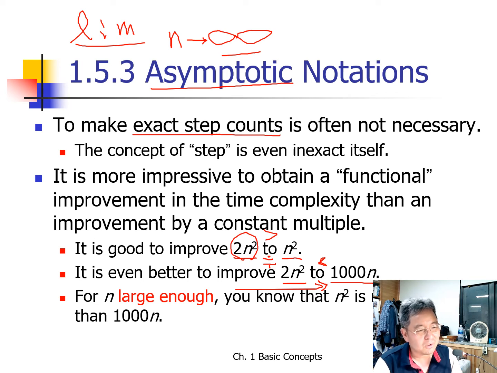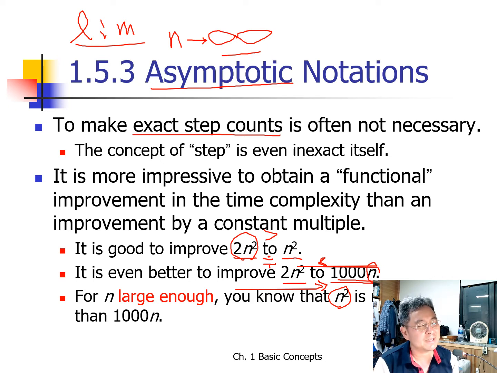Okay, so we can see that n square is much larger than 1000n if data size n becomes large enough. So we can think that if data size is not so big, the time complexity is not so important.